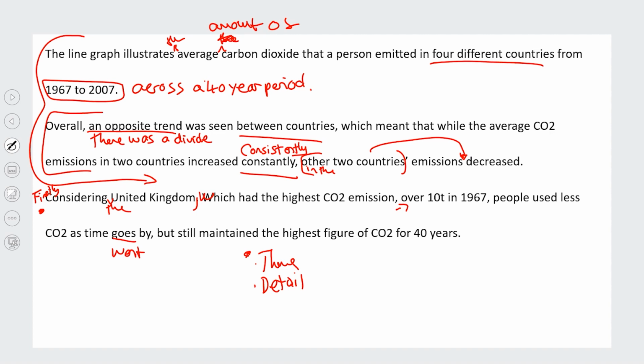The United Kingdom began with producing over 10 tons per person in 1967. Yet people used less as time went by, finishing at however many tons in 2007. So you do theme, detail, theme, detail.